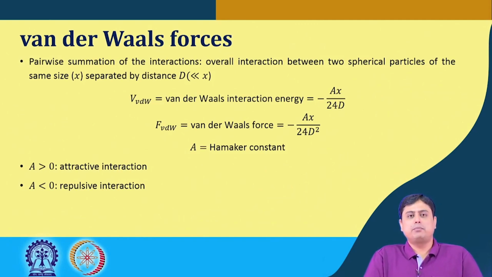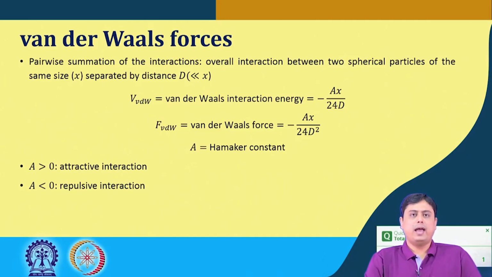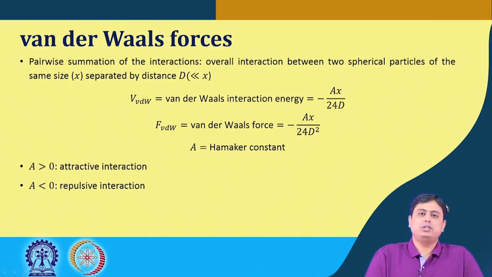So, the pairwise summation of all the interactions basically provides us a simple expression for the overall interaction between two spherical particles of the same size that are separated by a distance which is very small compared to their size.